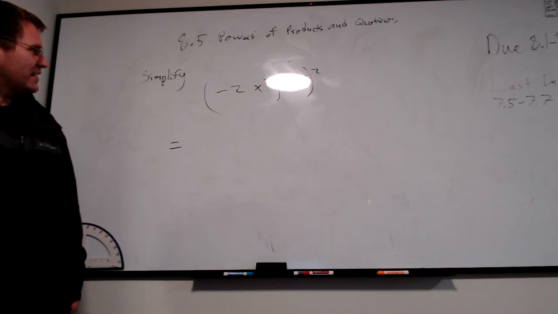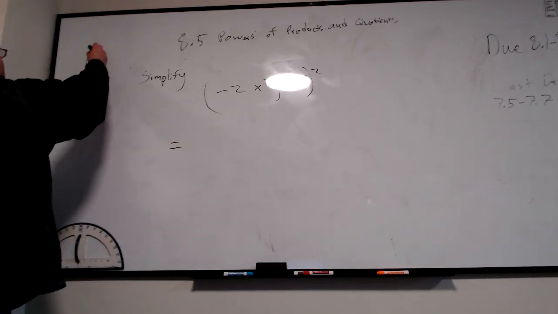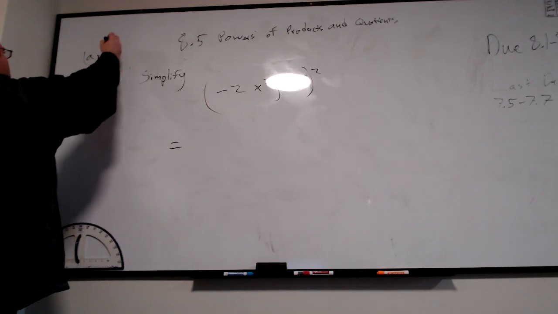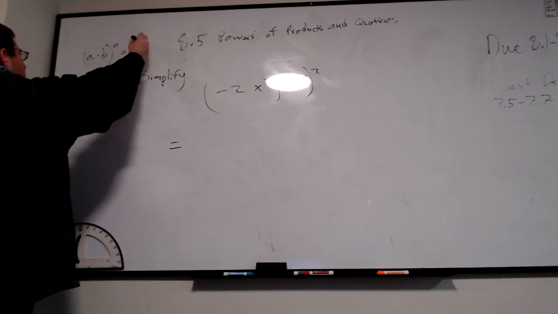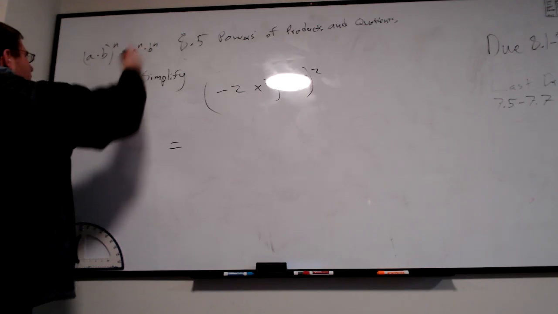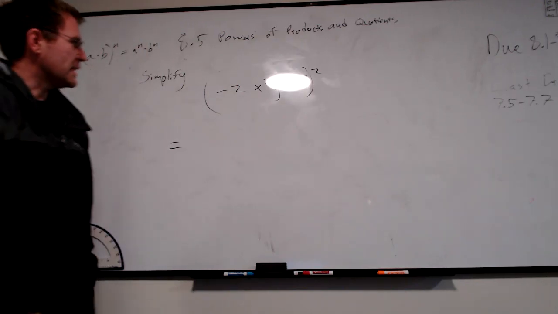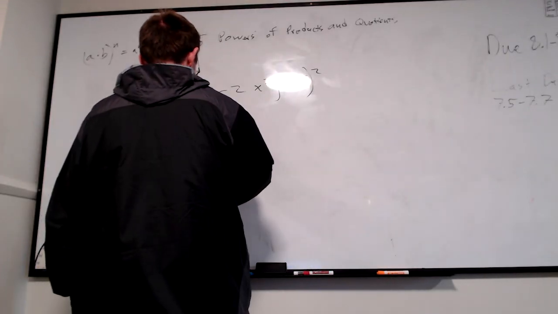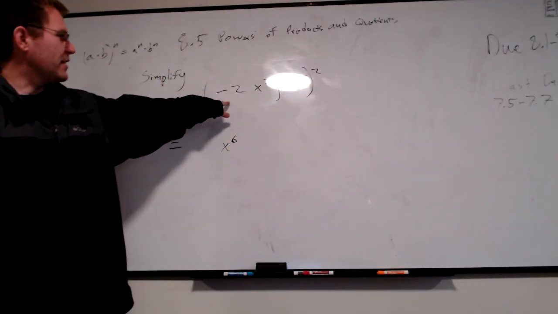Okay. So, how do you think this works? Given our little a. Well, so for the x, would it be x to the power of 6? Yep. What about the first number here?